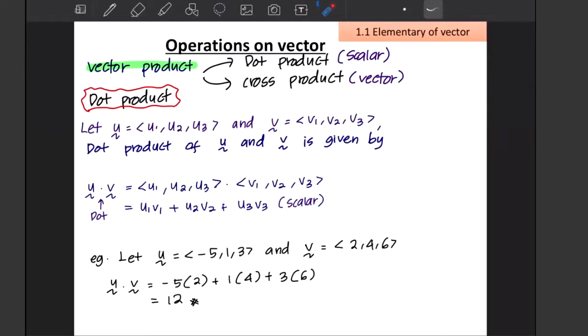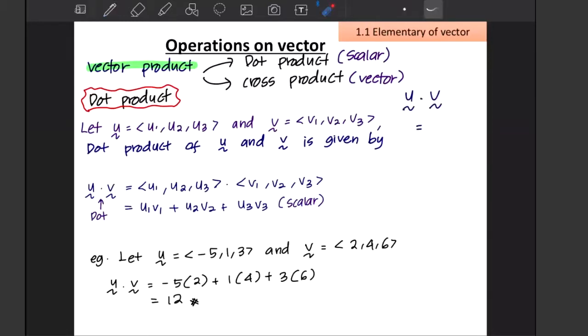Okay. Dot product. Let's say we have two vectors, u and v. Dot product of u and v is given by this one. So dot, it is easy to just write u dot v.